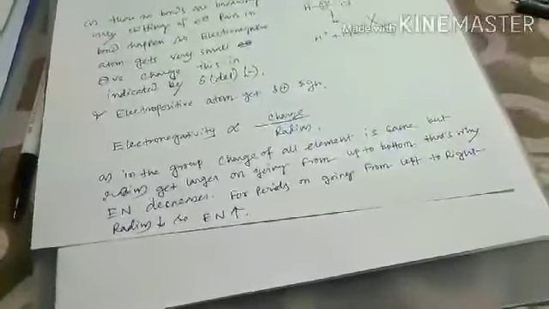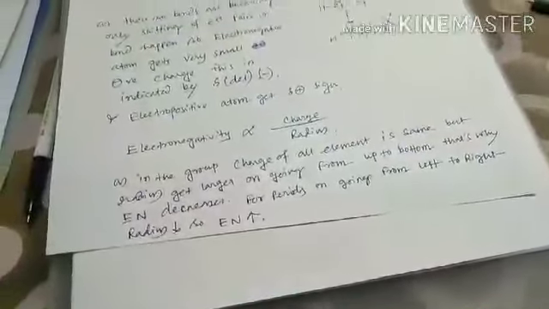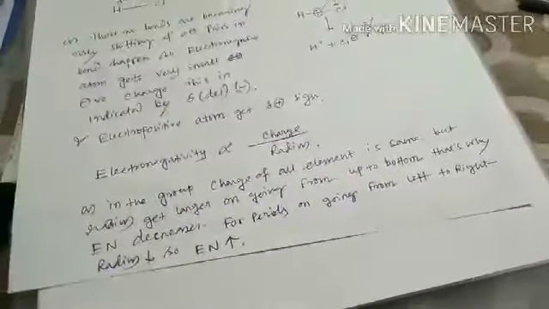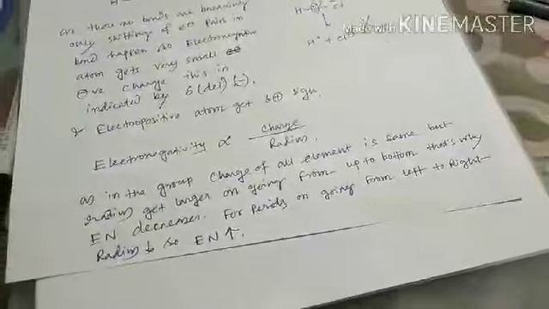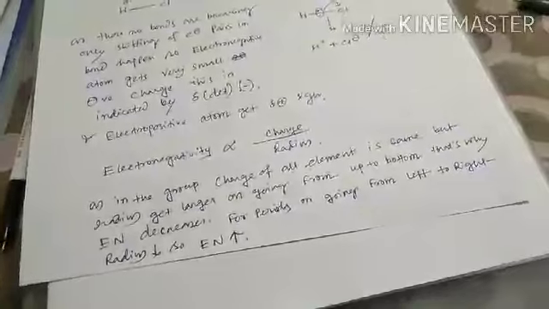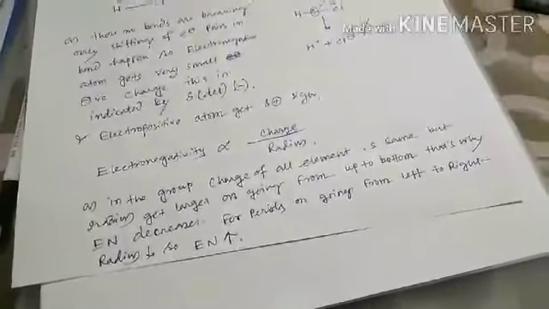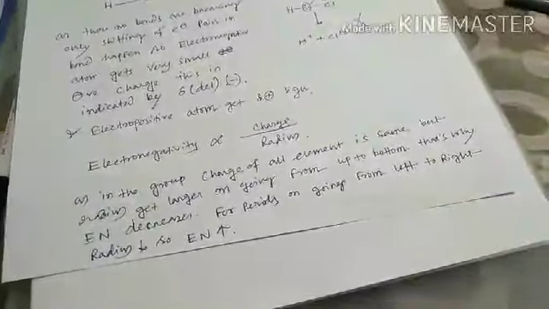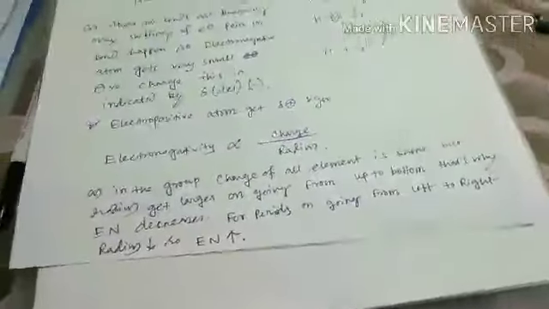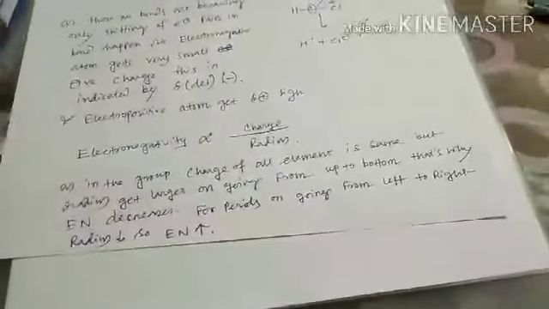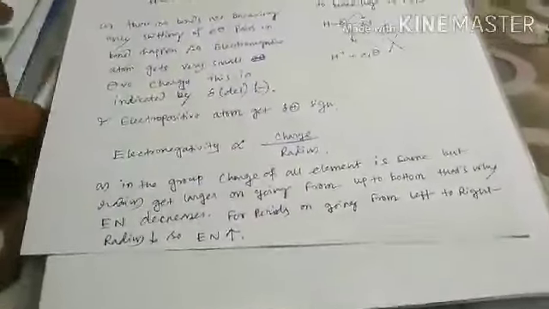So the charge is constant but the radius increases, and thus going from top to bottom in a group, electronegativity decreases. For a period, going from left to right, the radius decreases, that is why electronegativity increases. I hope it is very clear to you, but if you have any doubt, please feel free to ask me. Okay, thank you.